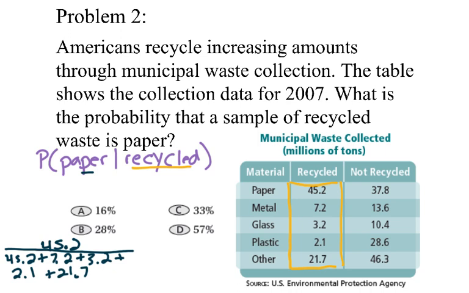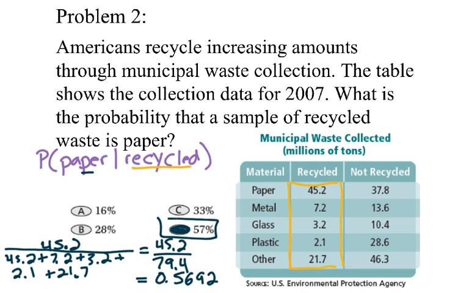And when we add up all of this on the denominator, we should get 79.4. So that when we divide it, we get 0.5692, which is approximately 57%.